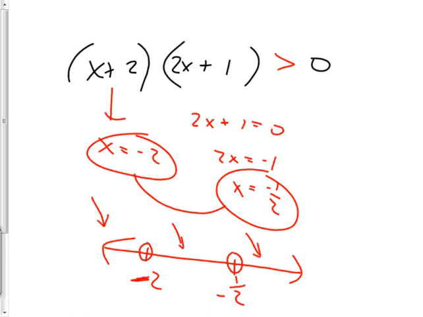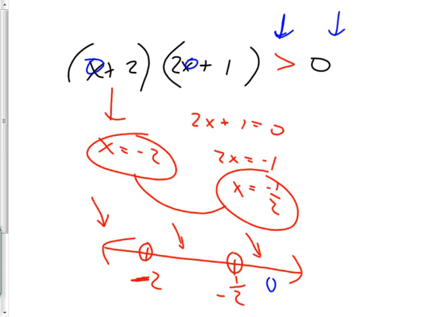And now this is an important point. What we did in the past was we would test numbers. Like, let's say we tested 0, which would be over here. And I put in a 0 here and a 0 here, and figure out what the answer is. Now, what's different now? All we care about on these kinds, since they're always set to 0, is are they bigger than 0 or are they less than 0? That's also known as, are the answers positive or negative?